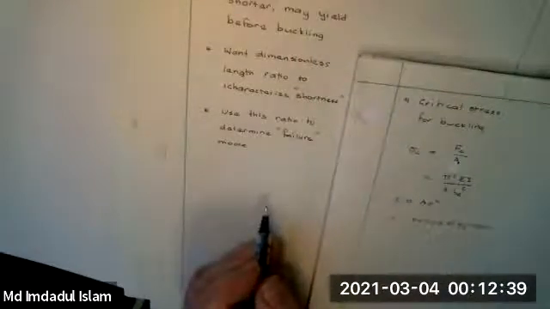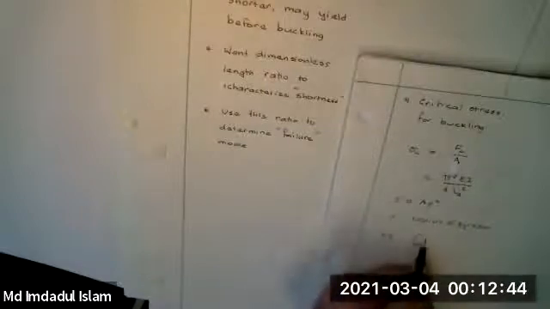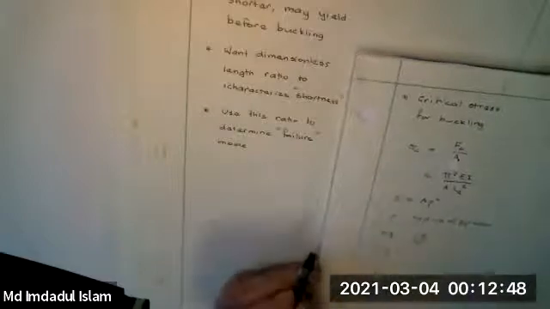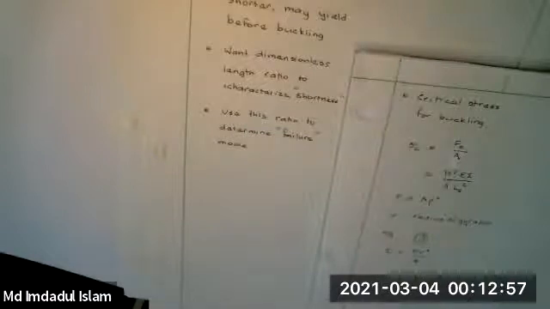For example, for a circle, in terms of R, I is pi r to the fourth upon 4. You might be more used to seeing that in D. So that would be 2 to the fourth, 16.